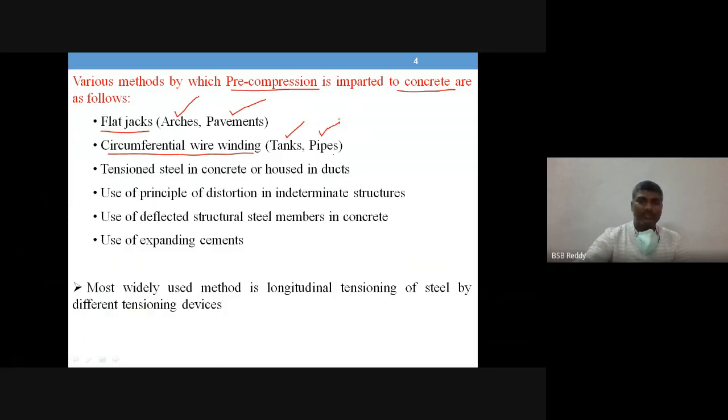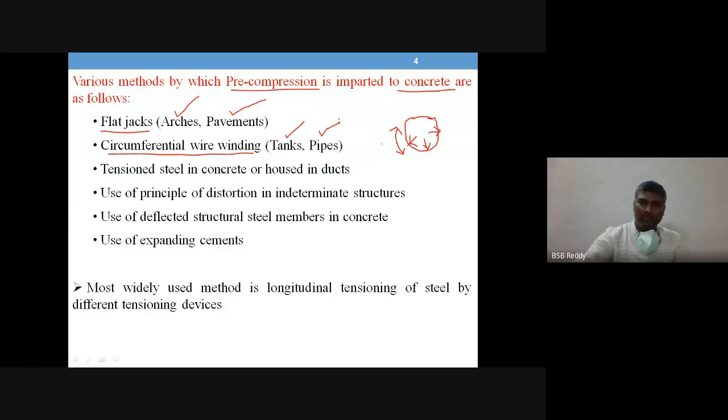Okay, so for these we use circumferential wire winding to induce pre-compression, nothing but hoop compression, because when you take a pipe or a tank, when fluid is inside, it is going to exert pressure onto the walls of the pipe or the tank, which will try to induce hoop tension. This is the hoop tension that it will induce.